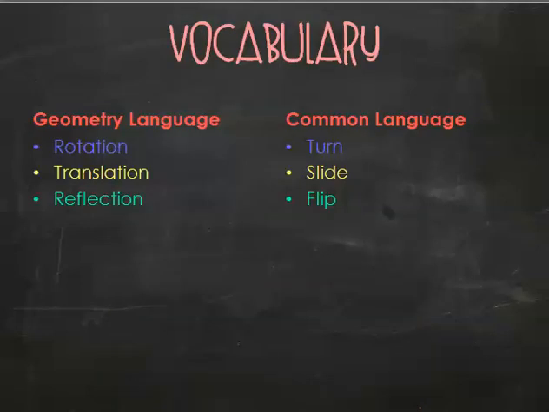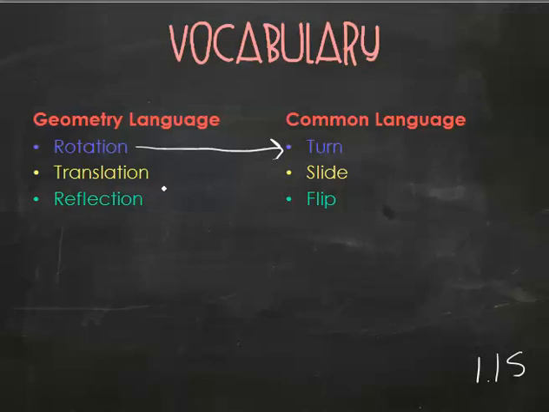Okay, so now let's look at geometry language versus common language. This is going to come up really important when you take your 1.15 quiz. So in geometry we say we rotate it. Well, all that means in common language is that you're going to turn it.